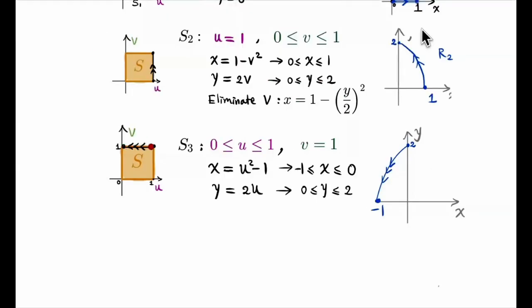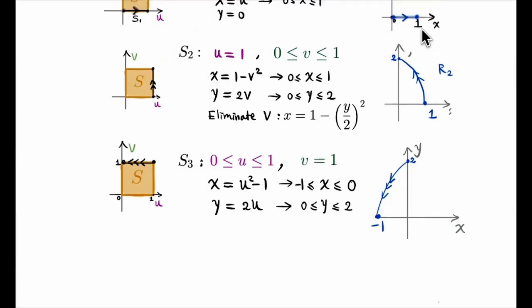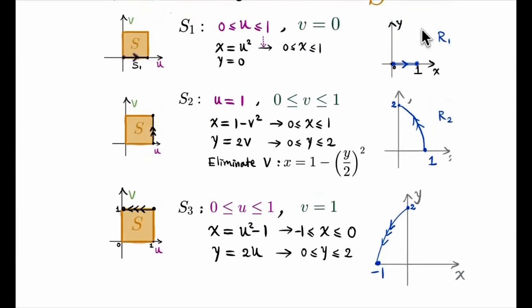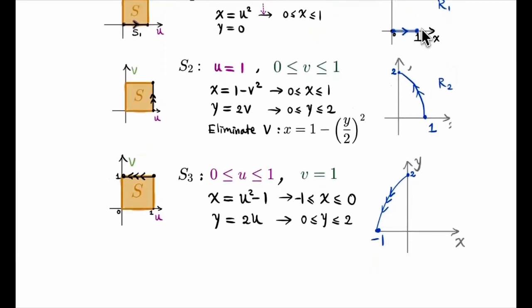Similarly, this side of S, let's call this S3. u goes from 1 to u equal to 0. And v along the side, v is the constant 1. Substituting v equal to 1 into that change of variable, we get x is equal to u squared minus 1, y equal to 2u.